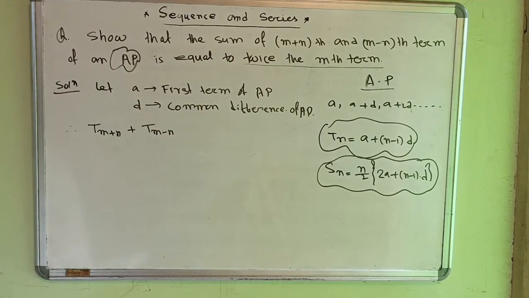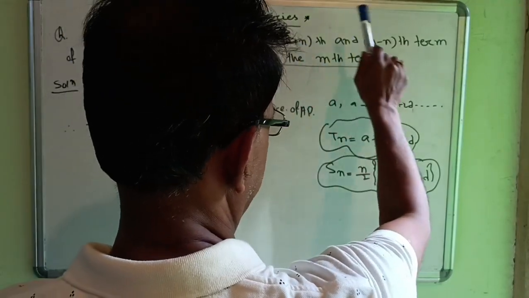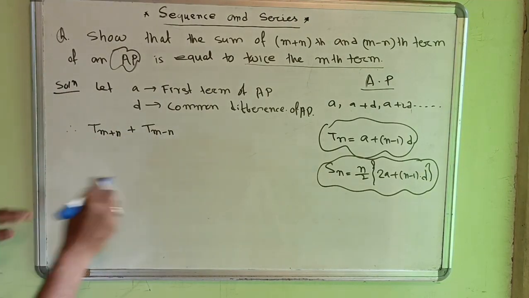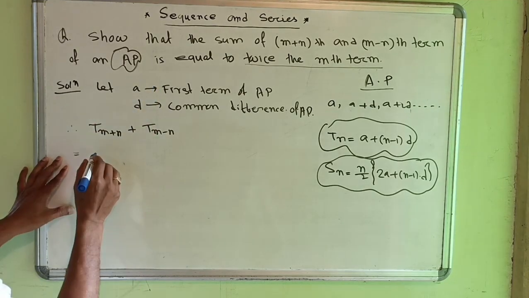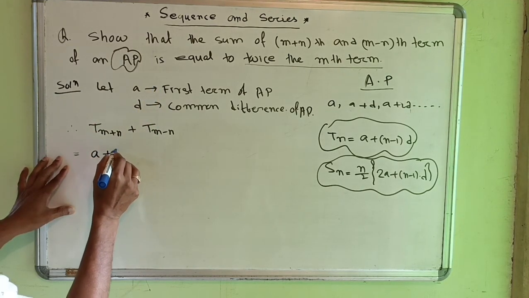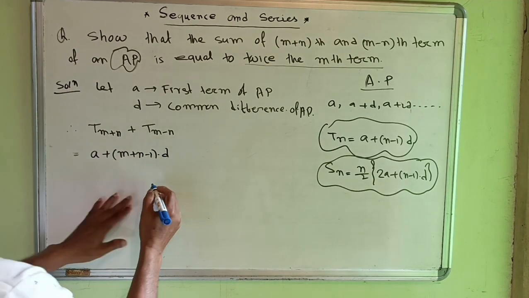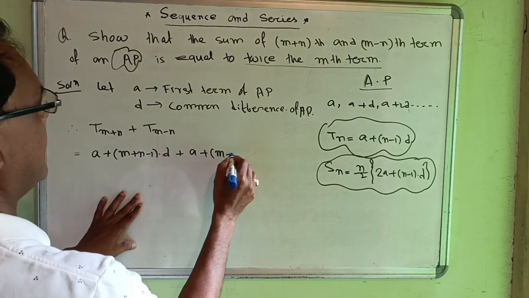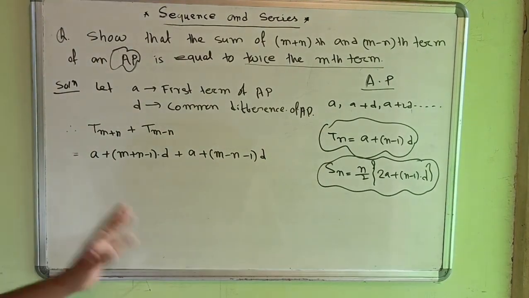Here we are given the sum of the m plus n-th term and the m minus n-th term. By using this formula, we get the first term a plus m plus n minus 1 into d, plus a plus m minus n minus 1 into d.